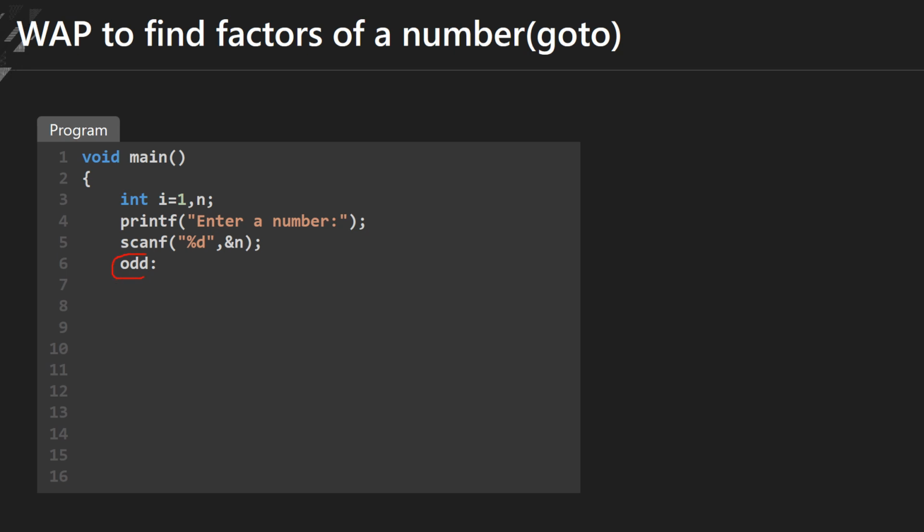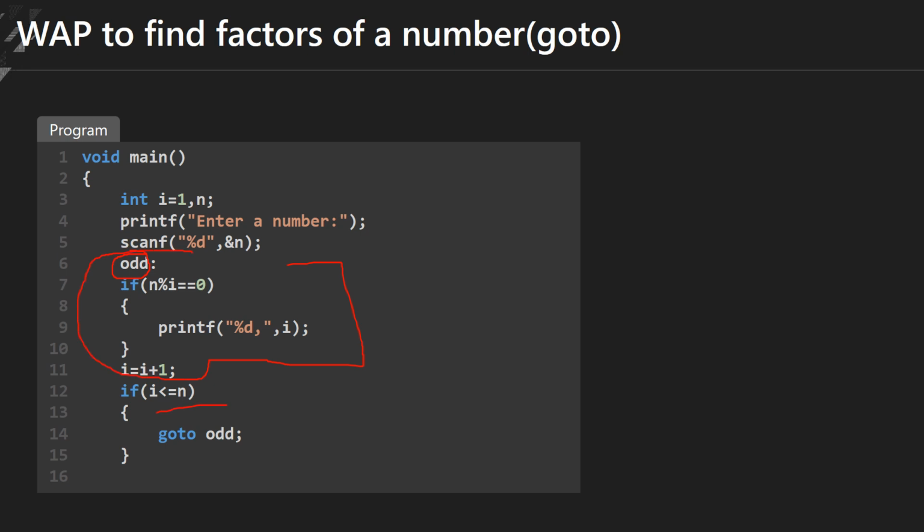If n modulus i gives 0, that is, the remainder is 0, then this part becomes true, it will execute and print it. Then i gets incremented, and if i is less than or equal to n, the goto will go back to the label. So this part goes on printing.